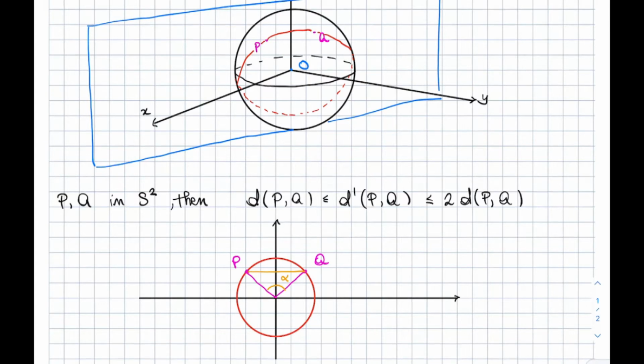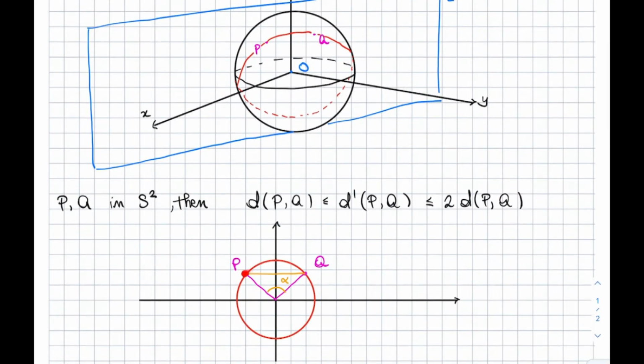However, we know that the length of the segment connecting P and Q, the yellow one, is smaller or equal than the length of the arc connecting P and Q. Therefore, this proves that the distance between P and Q computed using the metric inherited from R3 is always smaller or equal than the distance computed using arc length.